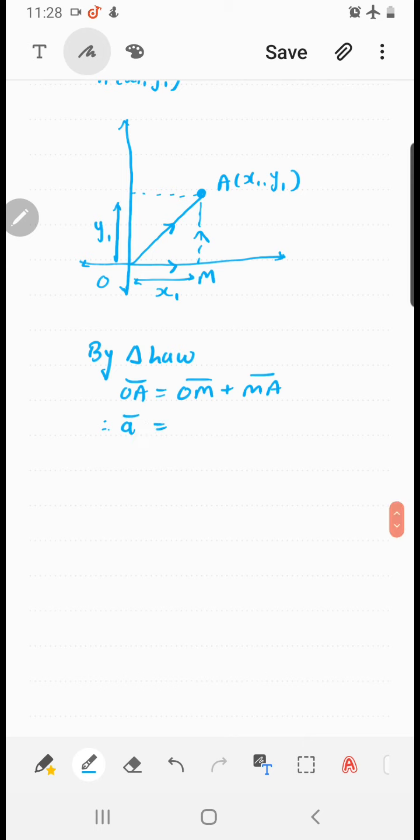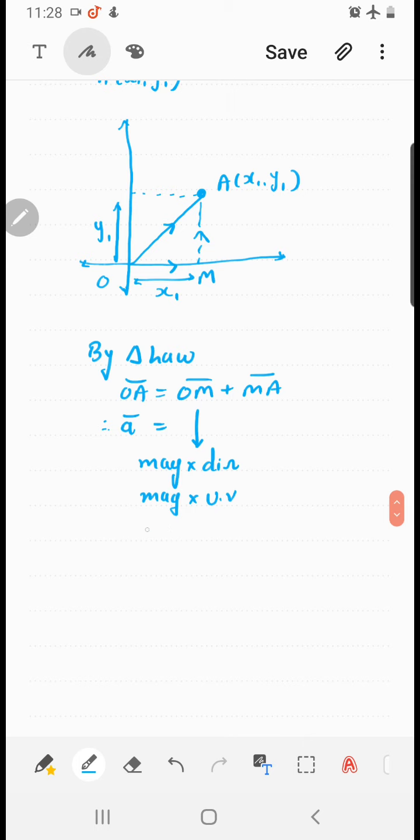Now the problem is OM bar. We don't have OM bar. OM bar is not x1. x1 is the length, so it is not a vector. So basically right now I have given you the length of the vector. Can I say OM bar is length, which means magnitude, into direction, and the direction is given by a unit vector.